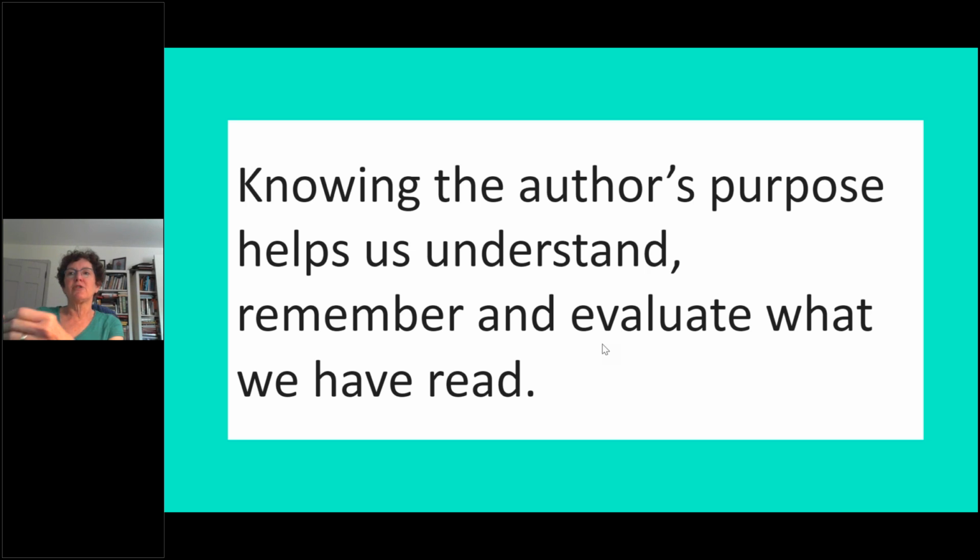When we are trying to understand and learn from a text, we usually even sit in a different way. Maybe we sit up at a desk and we have a pencil and a piece of paper in case we want to take notes.